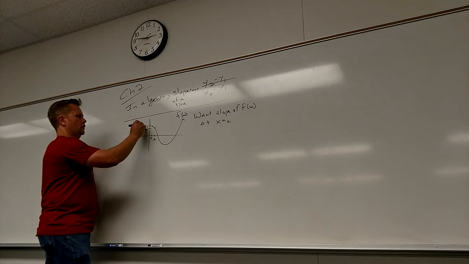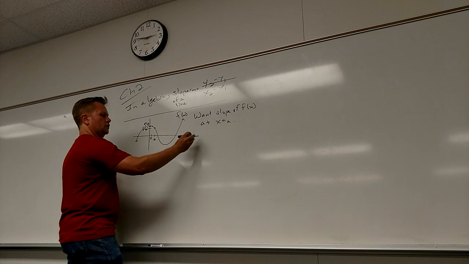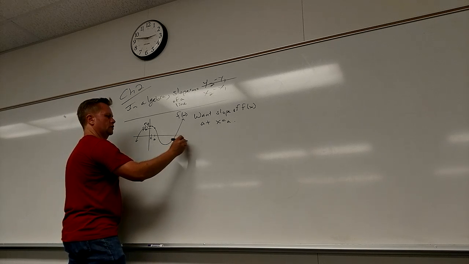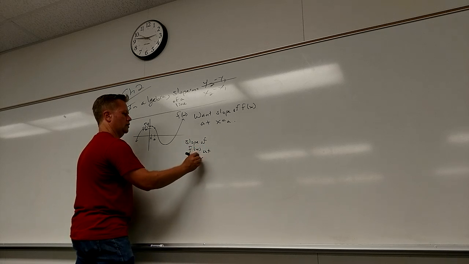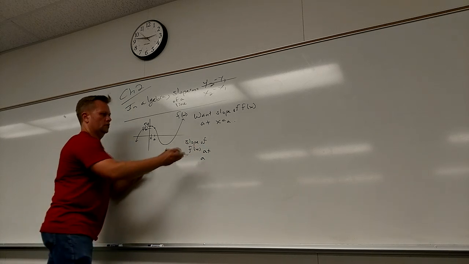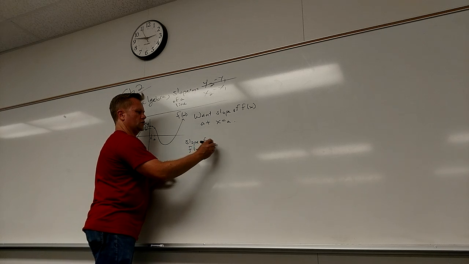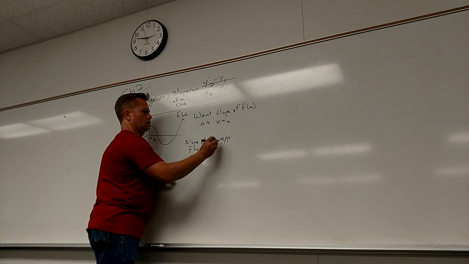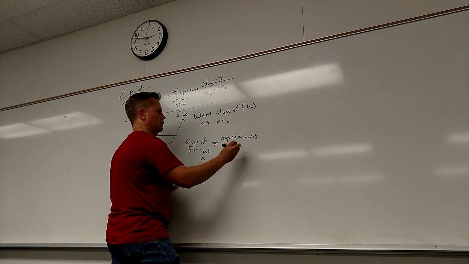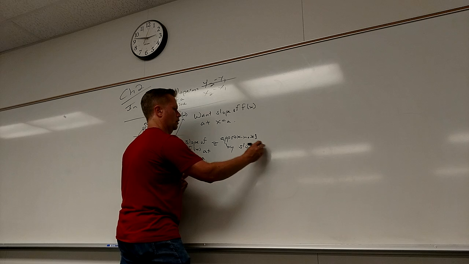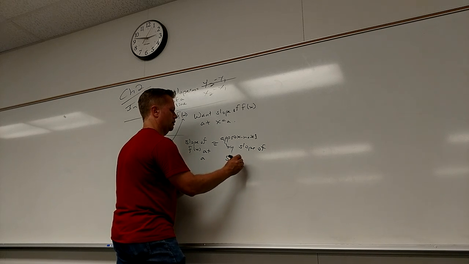So the slope here will be f of x. Now the slope of f of x at a can be approximated by what's called the slope of the secant line.